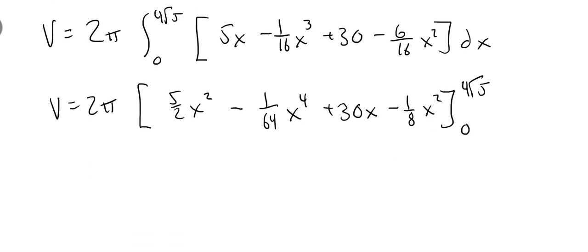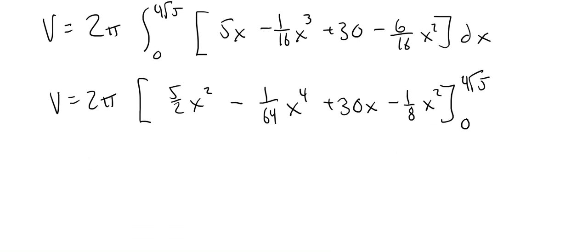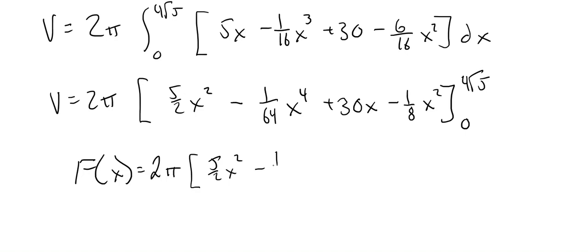Well, the rest of it you can do in Desmos. So you're going to have your capital F of x equal to 2 pi times the 5 halves x squared minus 1 over 64 x to the 4th plus 30x minus 1/8 x squared.